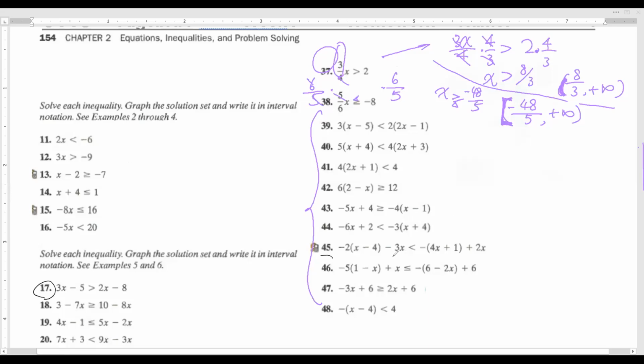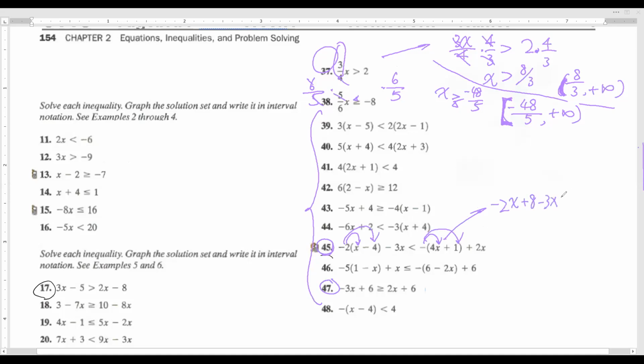All right, let's see this one. Let me pick 45 and 47. I think it's relatively easy here. Let's see this one first. The first thing is we need to distribute inside. So you can see the left part is negative 2x plus 8 minus 3x.